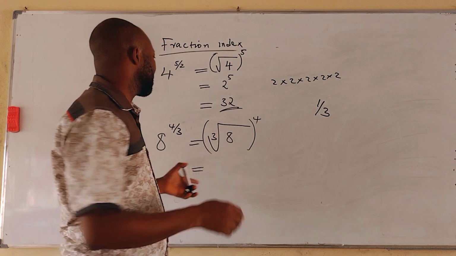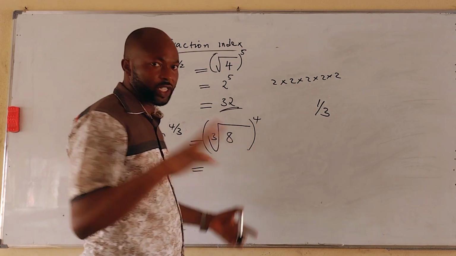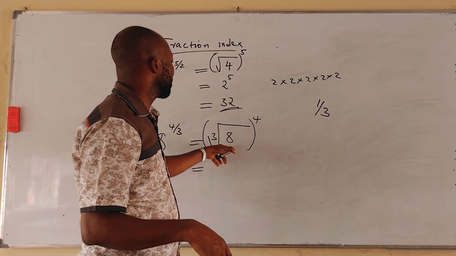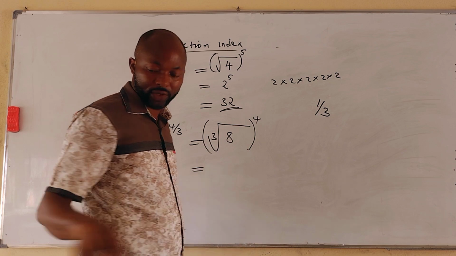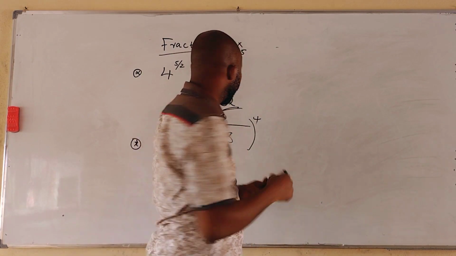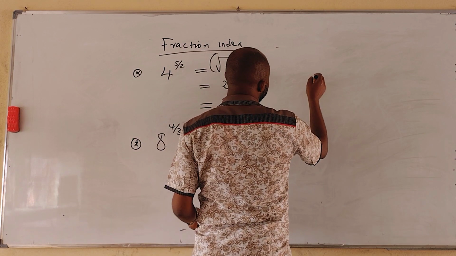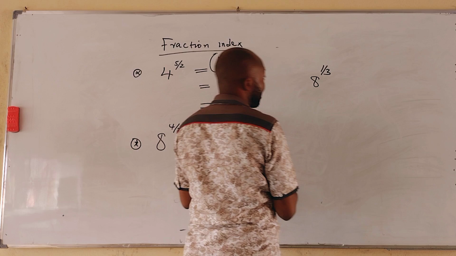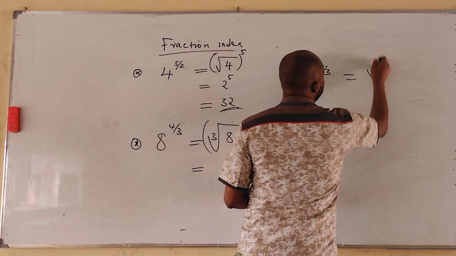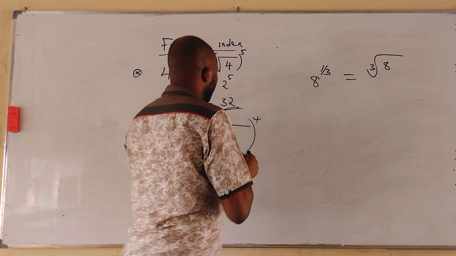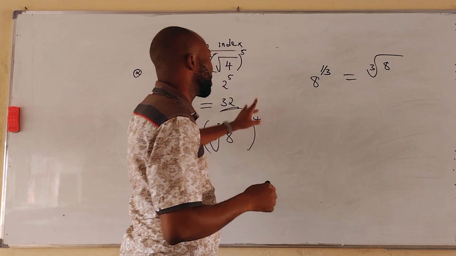Then, let's see how we can do this without using our calculator. How do we turn the cube root of 8 into 2? So this is my 8 raised to the power 1 over 3. Remember, that is the same thing as the cube root of 8. I want to break this down before I bring the power.